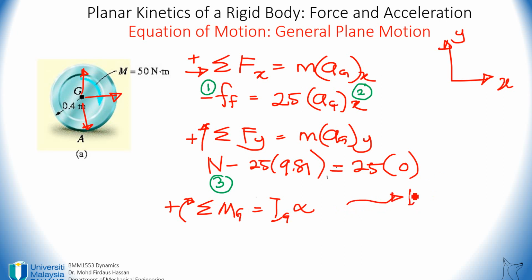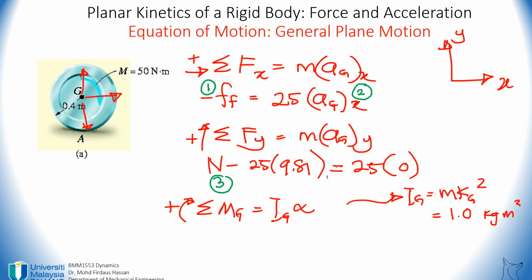Since the radius of gyration is given, IG is m kG squared. Put 25 times 0.2 squared. The answer is 1 kilogram meter squared.